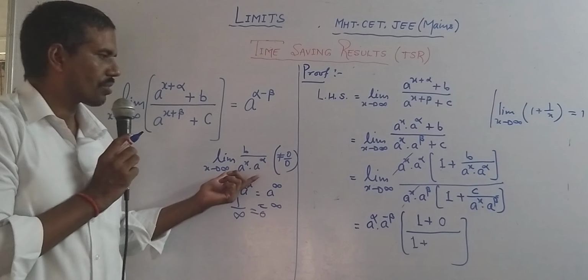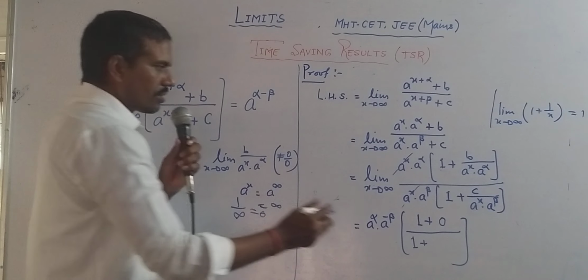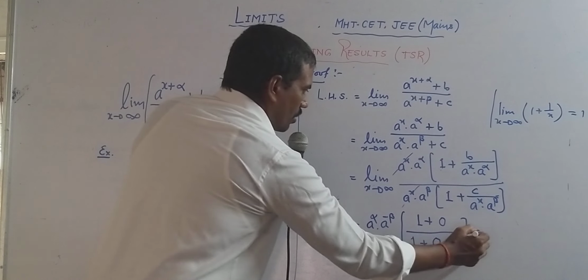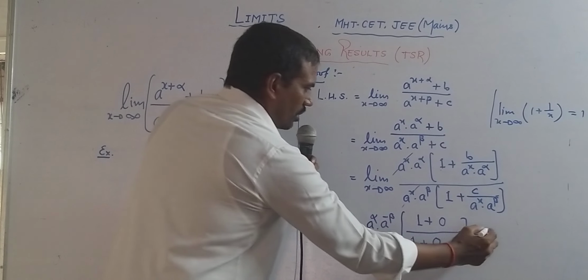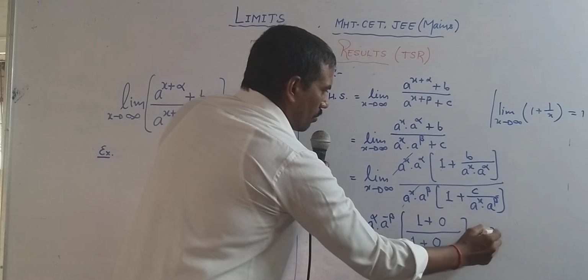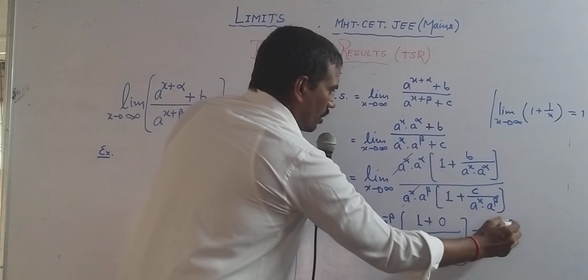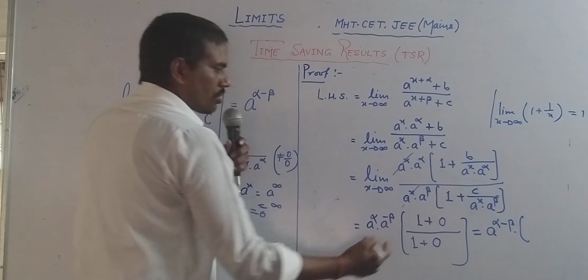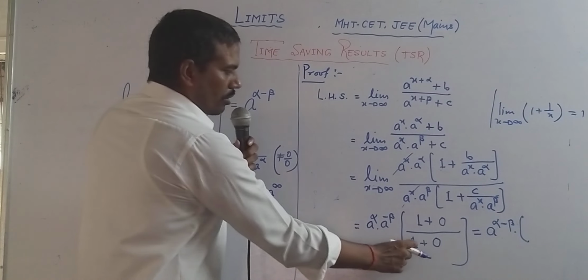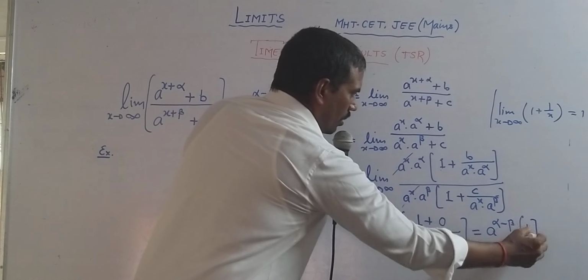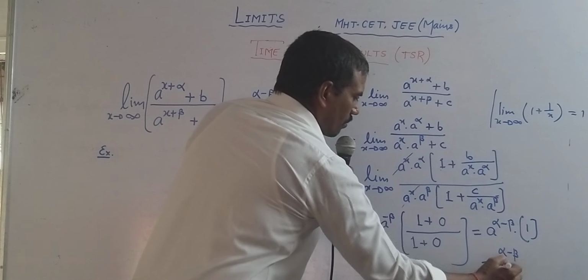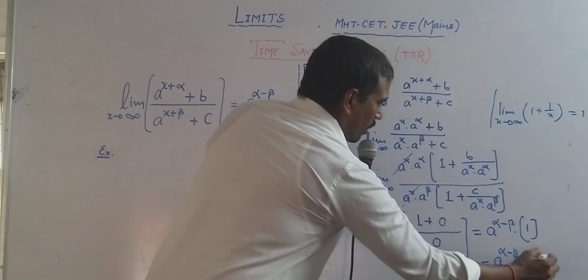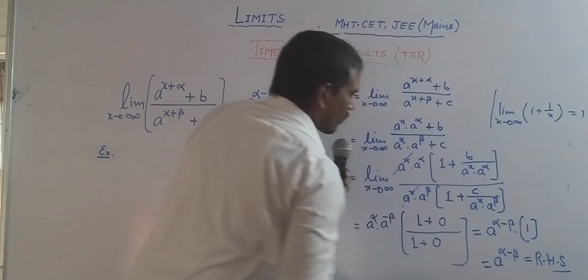Using this concept, we get this is equal to a to the power alpha into a to the power minus beta, which becomes a to the power alpha minus beta, and 1 plus 0 is 1, whole divided by 1 plus 0 is 1, means 1. Then the result is a to the power alpha minus beta, which is the right hand side.